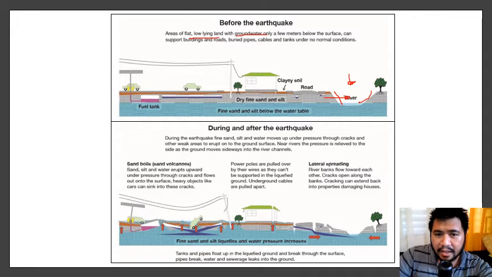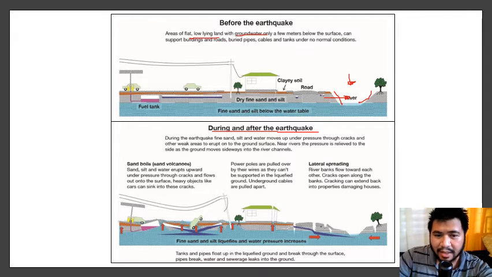Basically you also have a dry sand and silt, and below that is your saturated soil, lying below the water table. During and after the earthquake, the soil just liquefies, and of course the non-liquefiable soils will still sustain damage.